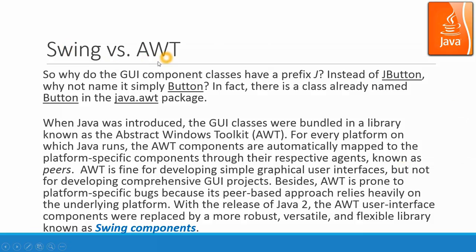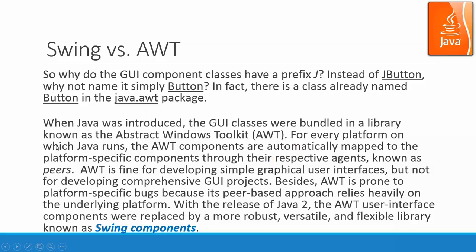Swing versus AWT. So why do the GUI component classes have a prefix J? Instead of JButton, why not name it simply button? In fact, there is a class already named button in the Java AWT package. When Java was introduced, the GUI classes were bundled in a library known as the Abstract Windows Toolkit (AWT).